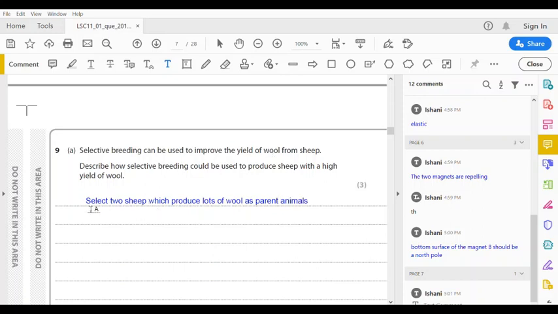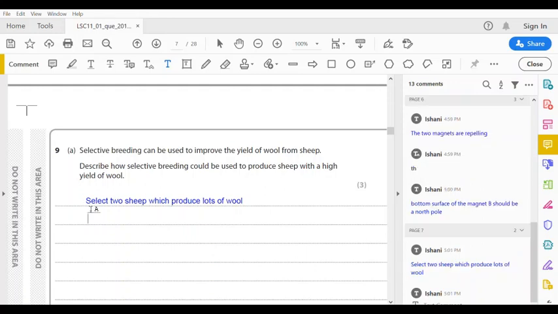Then second step, breed from these sheep. Then select the offspring with the most wool.